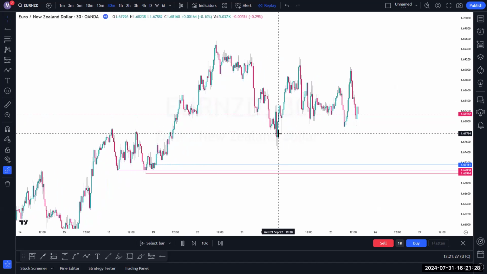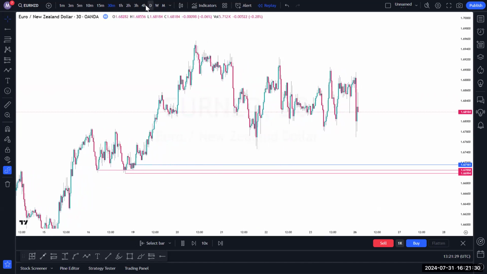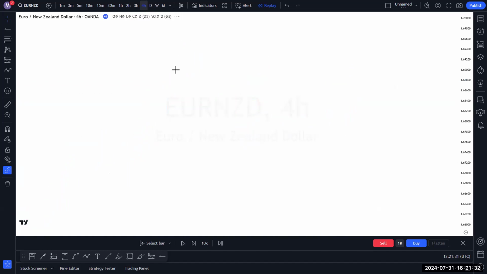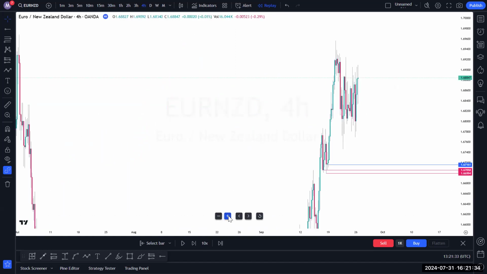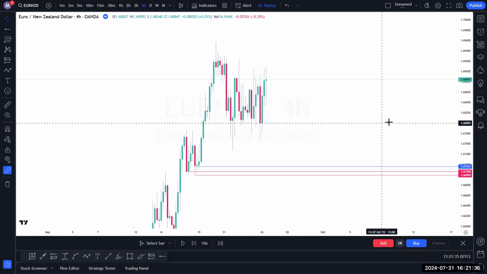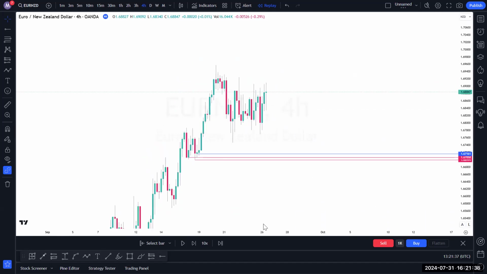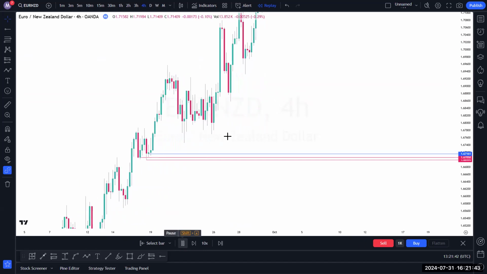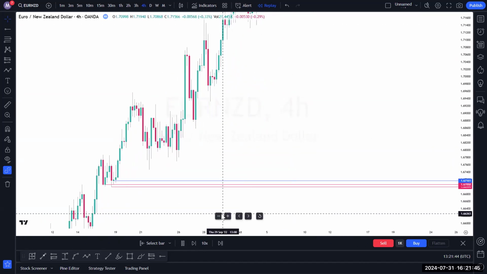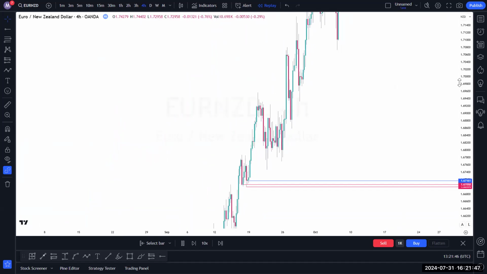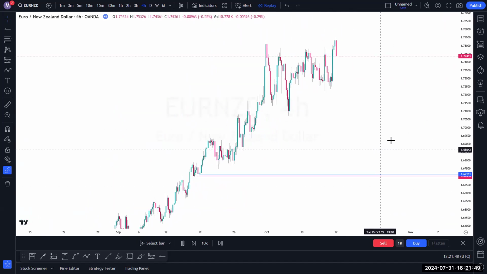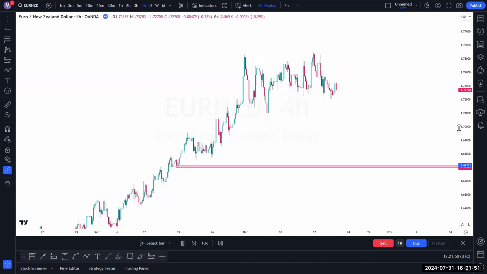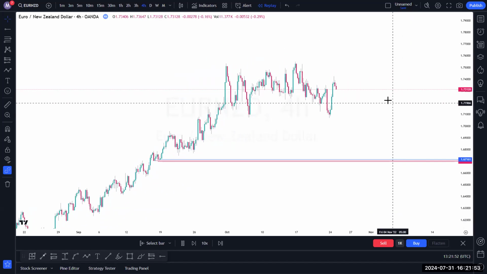So let's see if price came and triggered that move. The price didn't come to that move, so there will also be a time when you miss the trades. Let's see if price came.